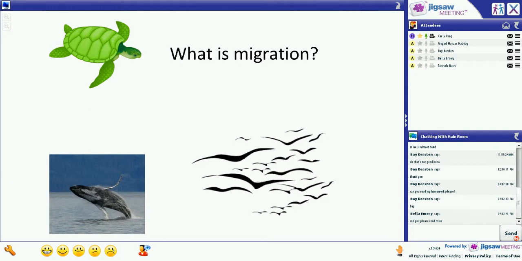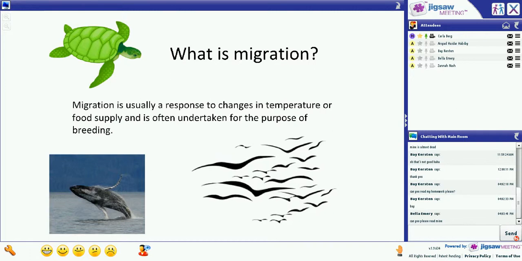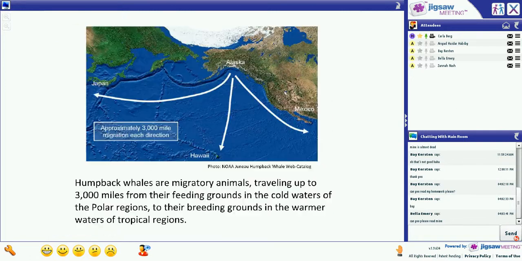So what is migration? We talked about this last week. As a review, migration is the seasonal movement of a population of animals from one area to the other. You guys talked about zebras and bats and manatees and geese. Another example is whales. Okay, here we go. Humpback whales are migratory animals.